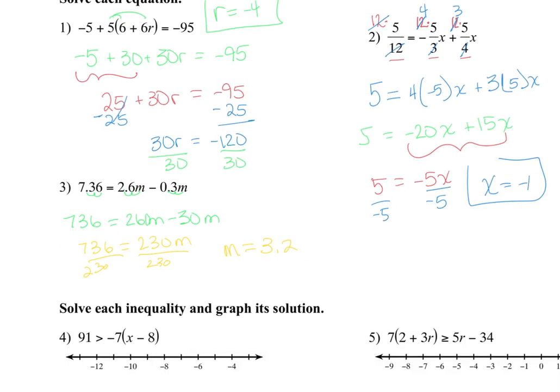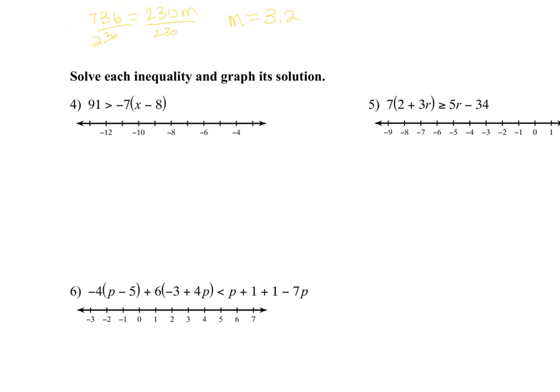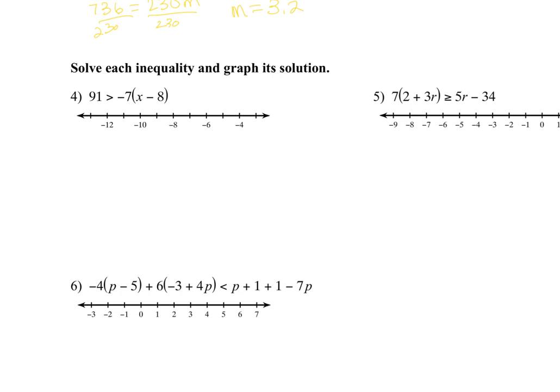For inequalities, really, the main difference here is to watch out for your negatives. So for inequalities, again, we're going to distribute here. We are going to move our numbers to one side and our variables to the other.